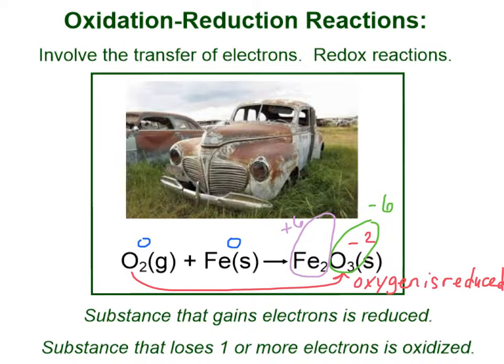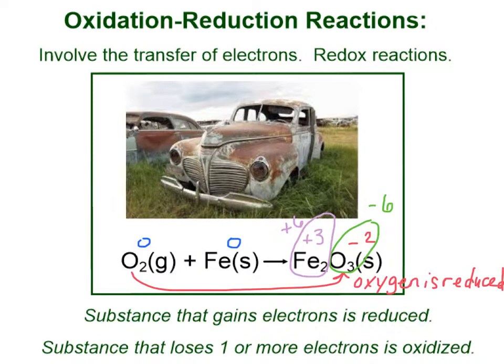How are we going to do that? We have 2 irons, so we need to distribute the positive 6 charge between the 2 irons. It means each of the irons will have a +3 charge. So this is actually called iron(III) oxide because iron, remember we put the 3 in Roman numerals for the +3 charge on this cation. Iron's going to be a +3.